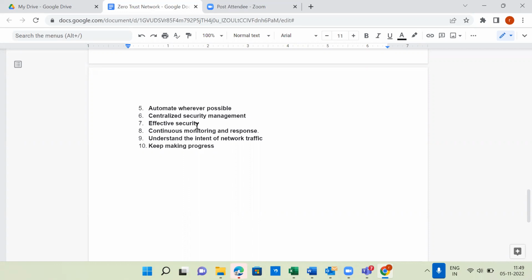Next one is the ninth one, understanding the intent of network traffic. Whatever traffic is coming, where is it going? What is it doing? We have to validate these two things. I'm repeating once again, whatever traffic it is, inbound traffic as well as outbound traffic, where is it going, and also what is it doing?